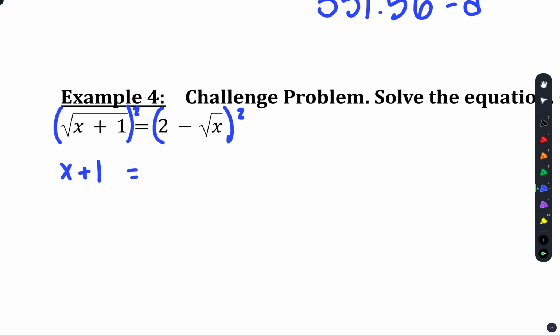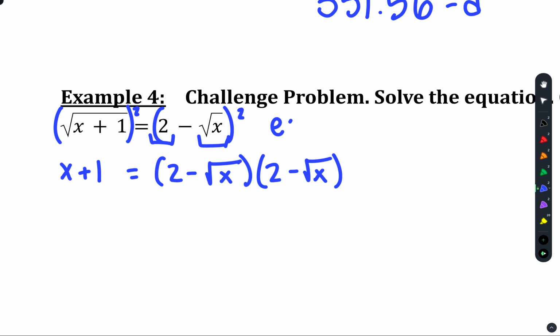We saw this in 10.3, so 2 lessons ago. When I have 2 terms, and they are squared, that's my signal that I need to expand this into 2 bubbles for multiplication. So I'm going to rewrite this as 2 minus the square root of x times 2 minus the square root of x.